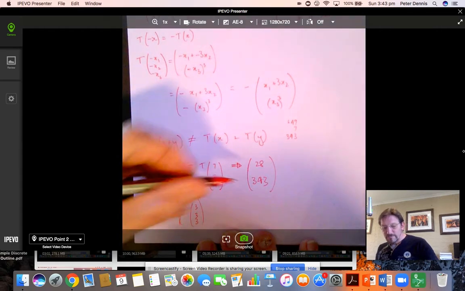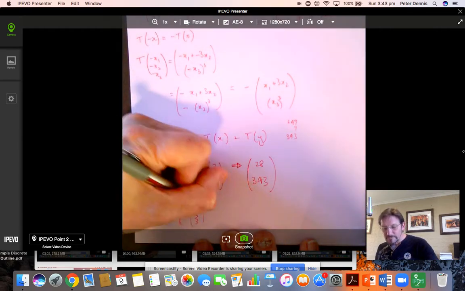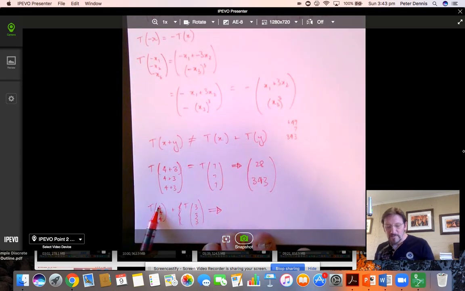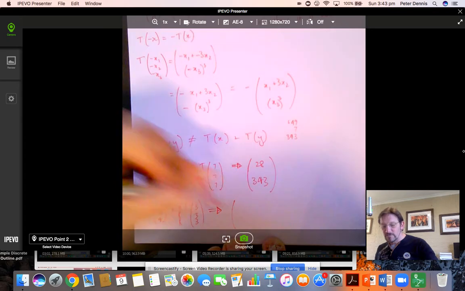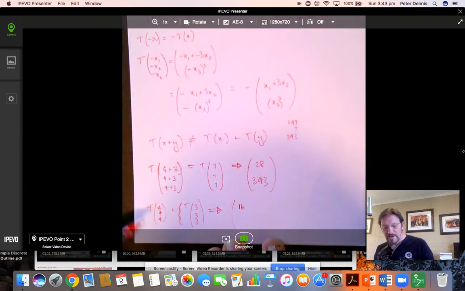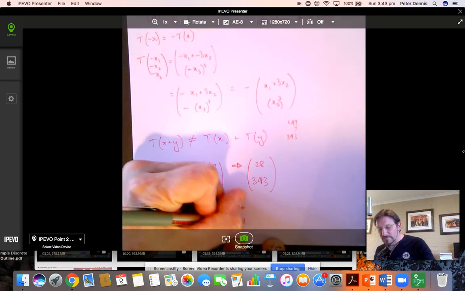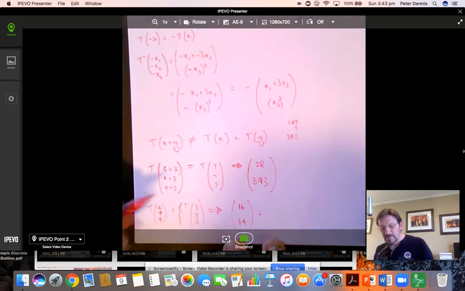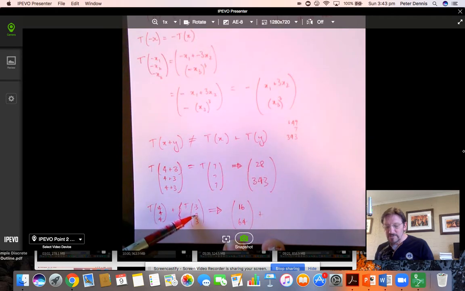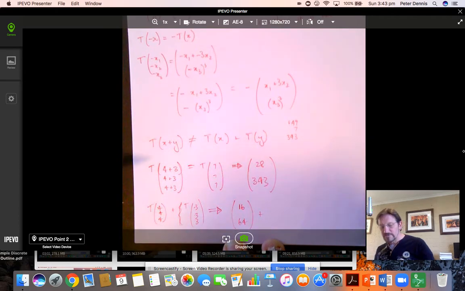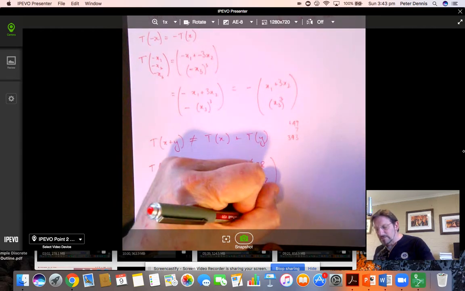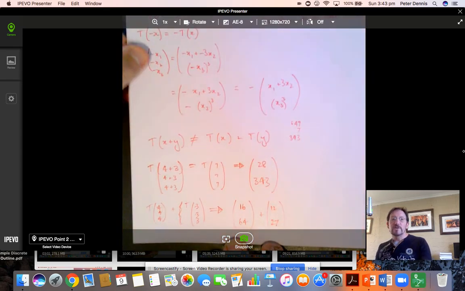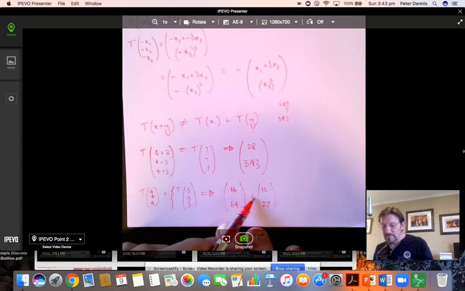T of 4, 4, 4 is obviously going to be 4 plus 3 lots of 4, which is 16, and 4 cubed, which is 64, plus, when it's 3 here, we get 3 plus 3 lots of 3, which is 12, and 3 cubed becomes 27. So the top part works: 16 plus 12 is 28.